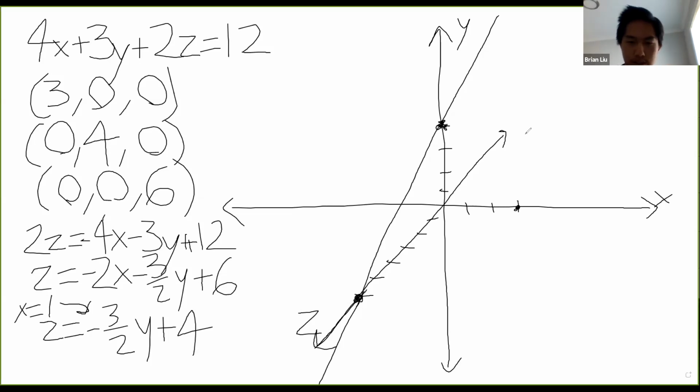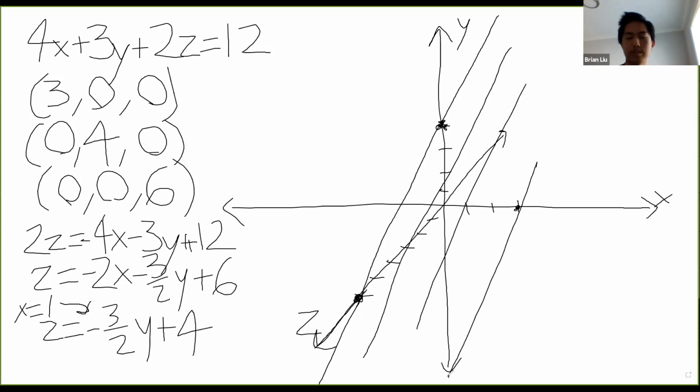So for x equals 1, we're going to have a line that's a little bit lower, and then a little bit lower, and then it goes through this point.